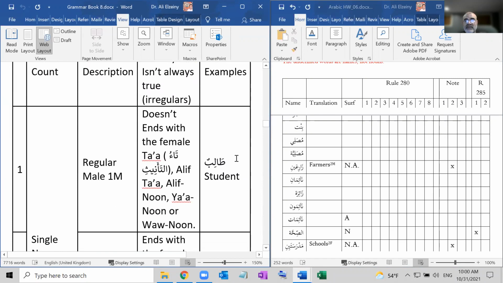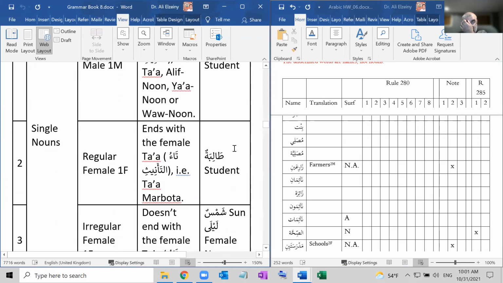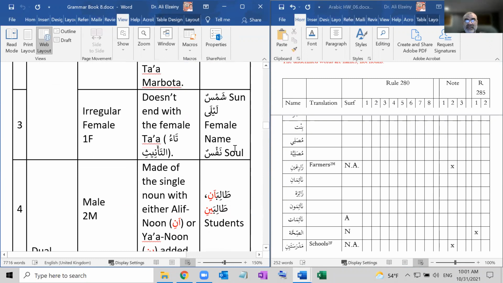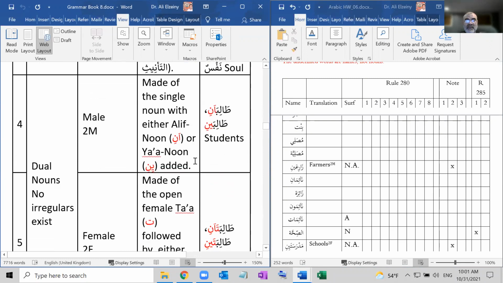It's dual, according to rule 250, because it ends with ya noon, and the noon has a kasra, such as talibani or talibaini.